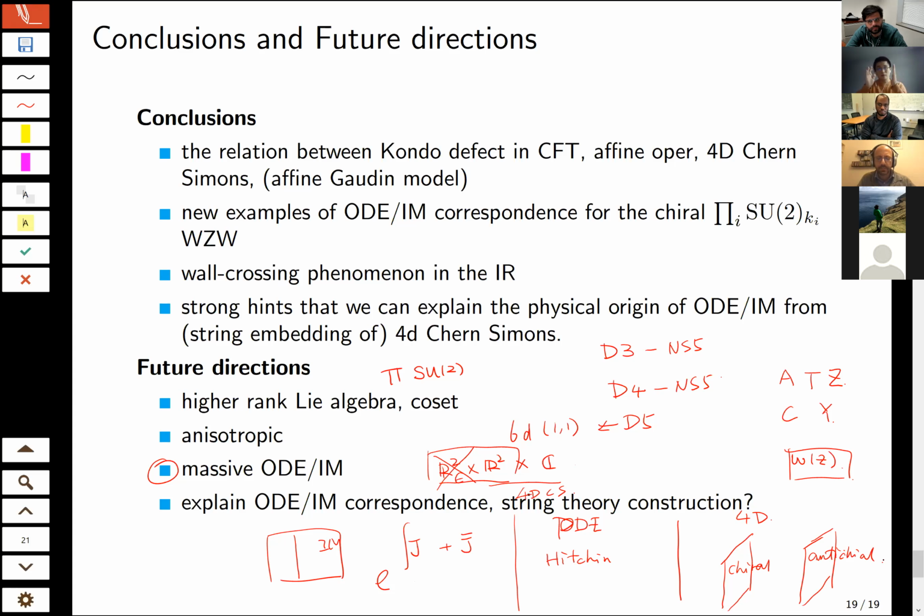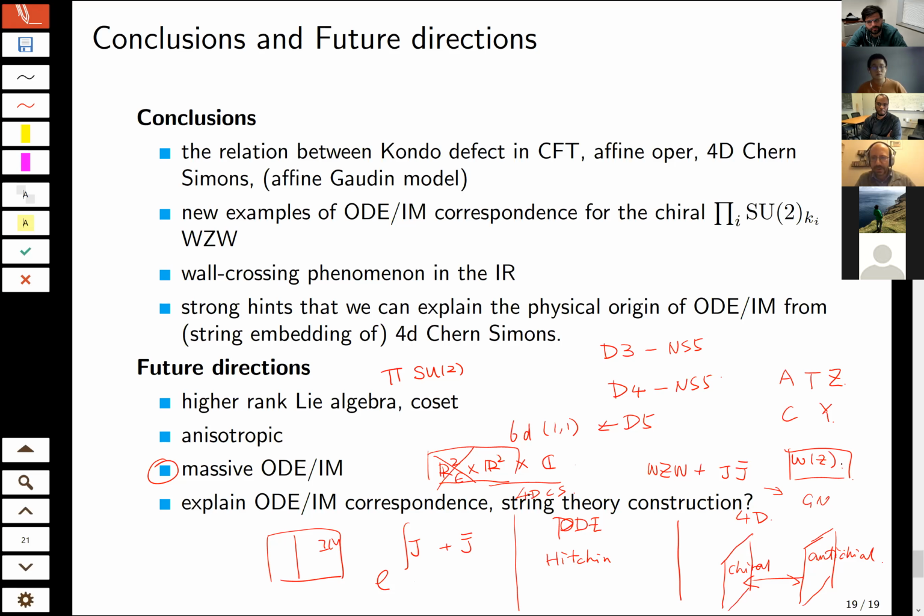And once you get rid of this transverse direction, the chiral and anti-chiral will couple together. So one of the natural theories to study under this construction would be the chiral Gross-Neveu model, which is like a WZW model plus some J J bar deformation.